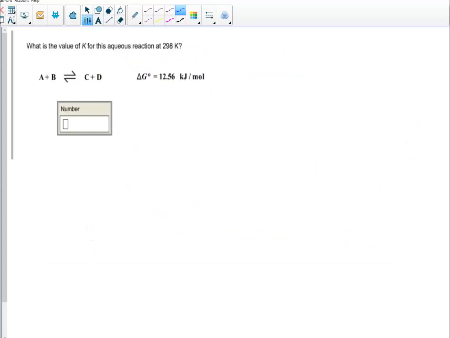Let's model a problem from your homework. What is the value of K? Now I want you to know K is what we call the equilibrium expression. Well, I'm going to call that the equilibrium constant.